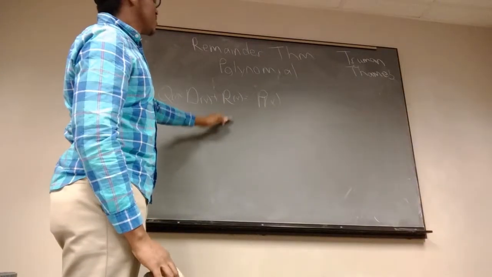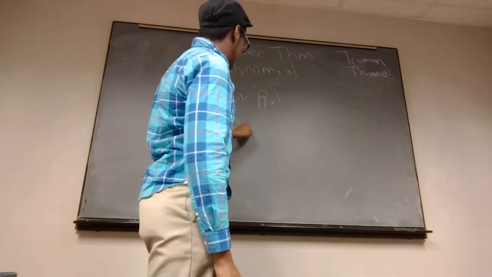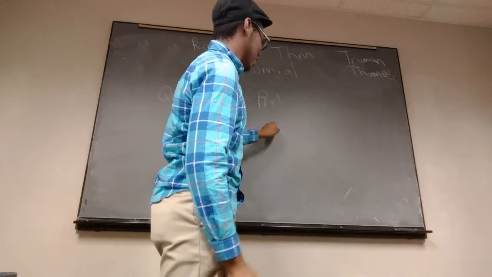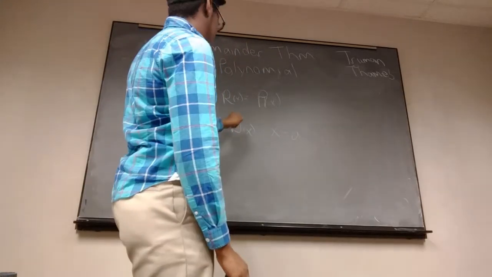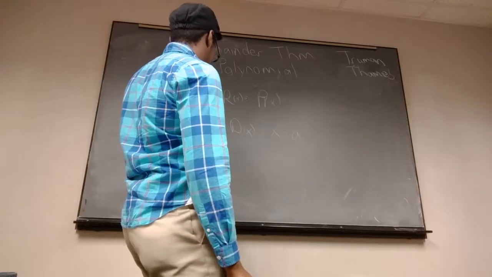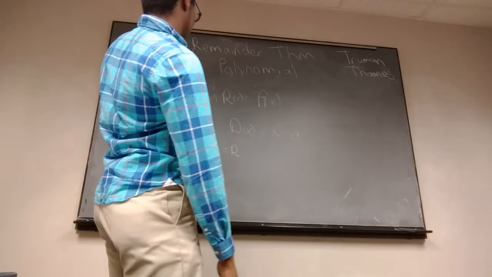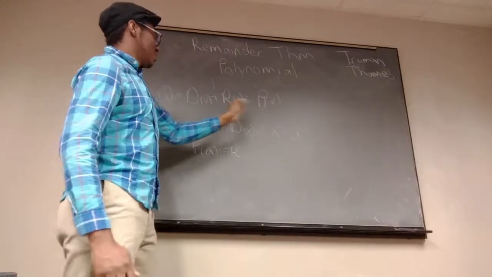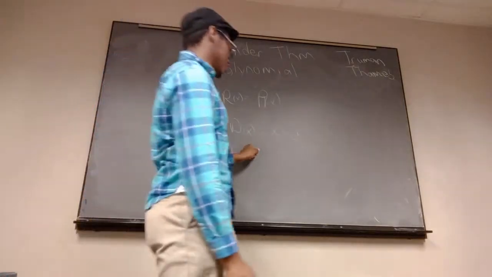So the remainder theorem for polynomials says that if our d of x is just a monomial minus some constant, then p evaluated at a equals the remainder. And this is because d at a is going to be a minus a, which is just going to be 0.